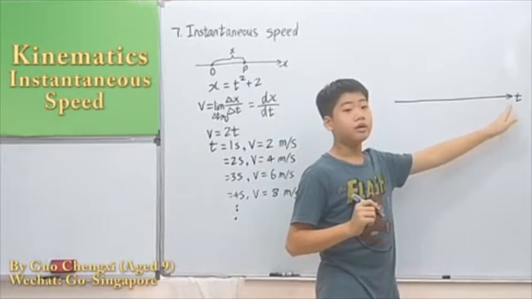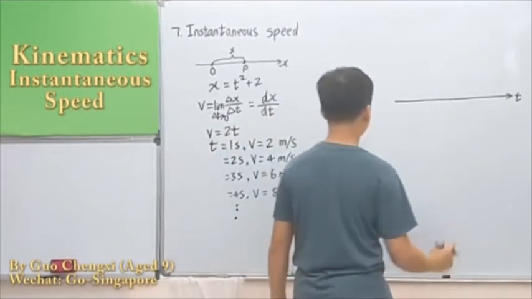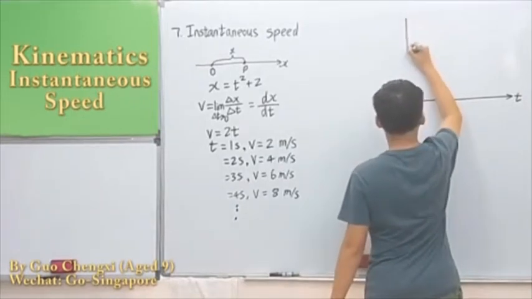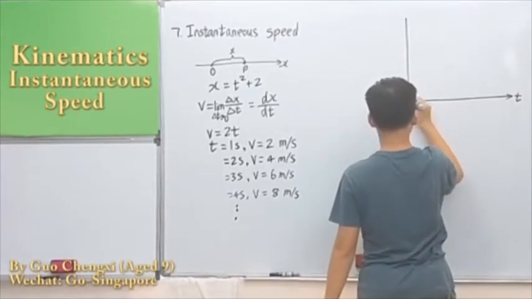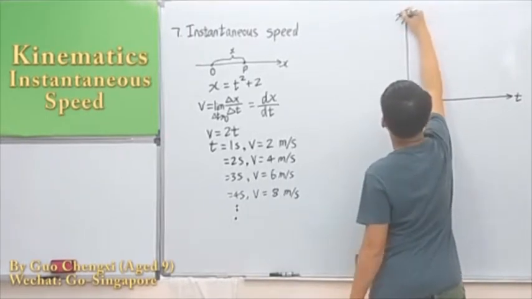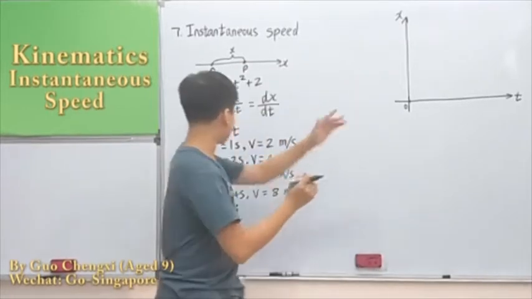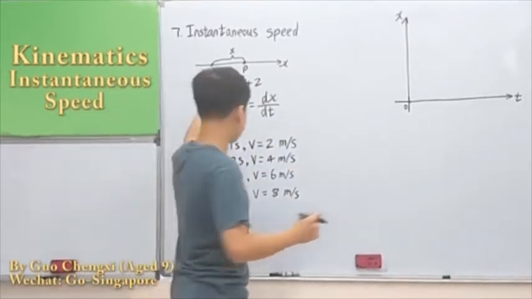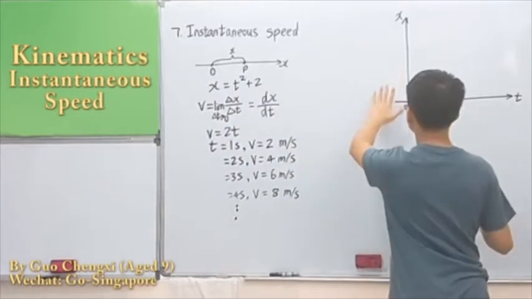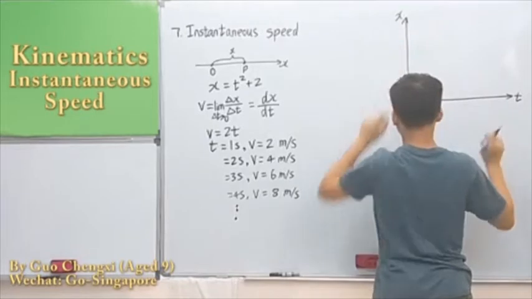This axis is the time, and the other axis will be our x-axis. This x-axis is the position from the origin just now. So this is the position against time.